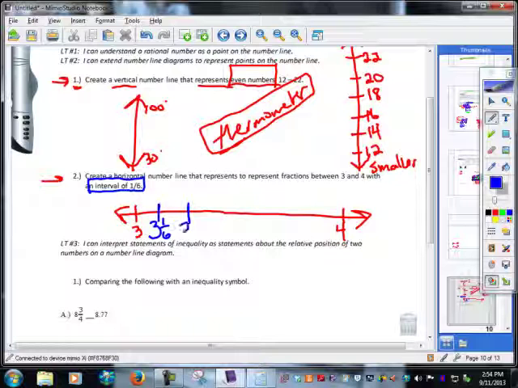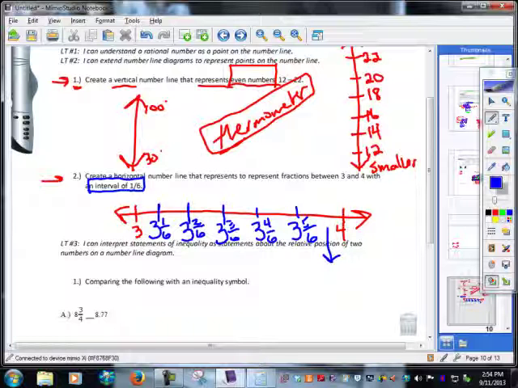The next one's still going to be 3 wholes, but now we have one slice of pizza that we added, one slice out of 6 added to that 3. Now we're going to add 2 slices, so now we have 2 out of 6. Now we have 3 and 3/6, then 3 and 4/6, and the last one 3 and 5/6. Some people put another one right here.